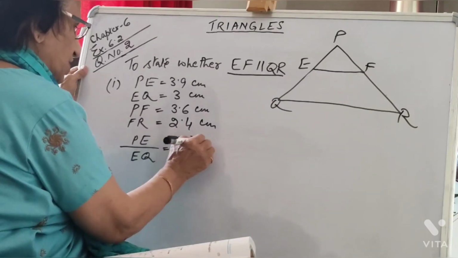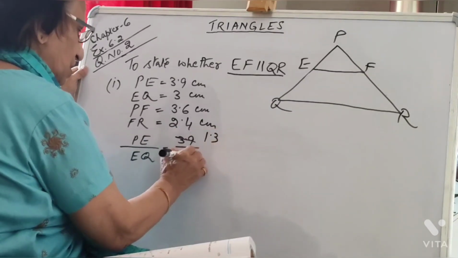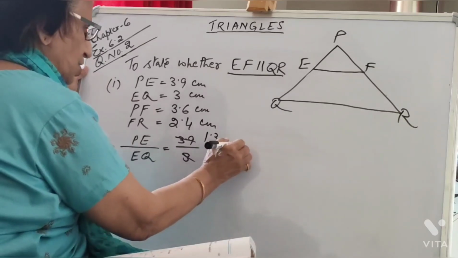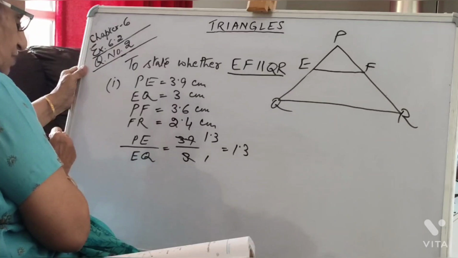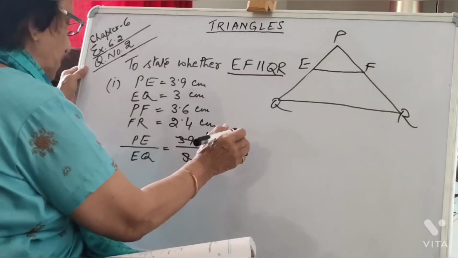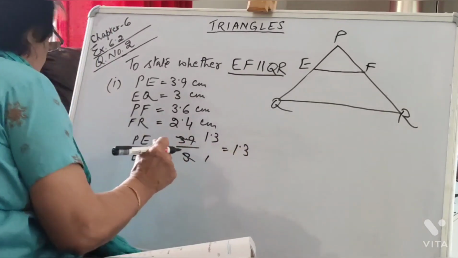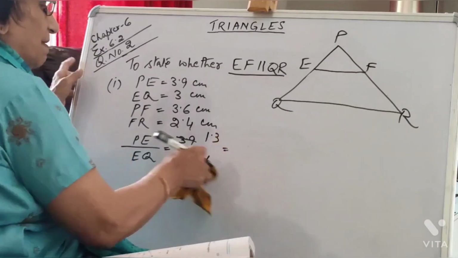On cancelling by 3, you will get 1.3 and 1 is equal to 1.3. PE is 1.3 and EQ is 1.